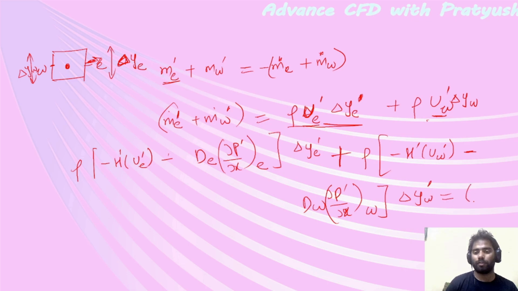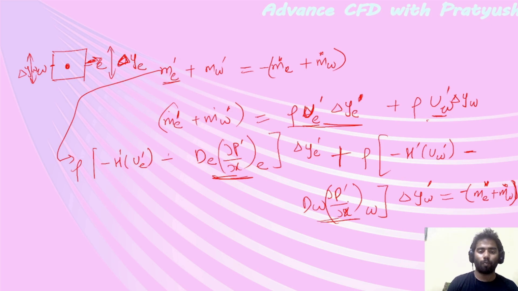That should be equal to minus M dot E star plus M dot W star. So this equation can be written in such form. Now, in this term, pressure appears as a diffusion type of form. So we can further discretize these pressure terms on the east face and the west face. Now let's discretize these pressure terms and see what happens.